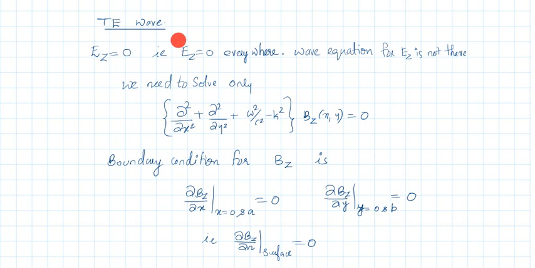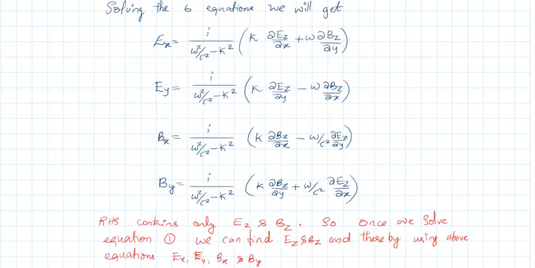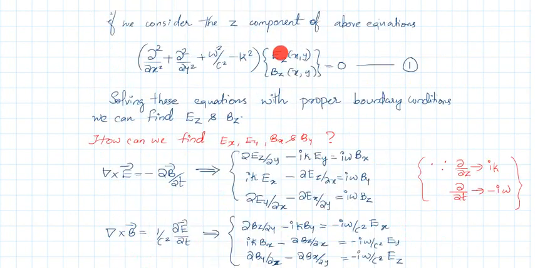There is no component in the propagation direction. Ez equal to 0 at all points inside the waveguide. So there is no relevance for Ez equal to 0 on the surface as a boundary condition, because Ez is 0 everywhere. So we are not going to solve the wave equation for Ez.